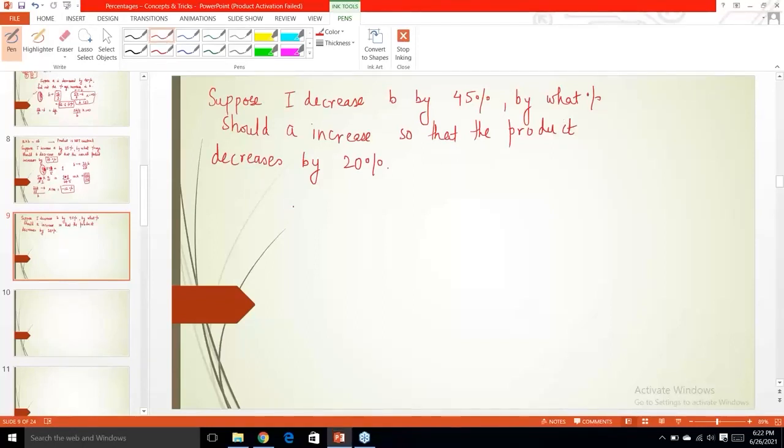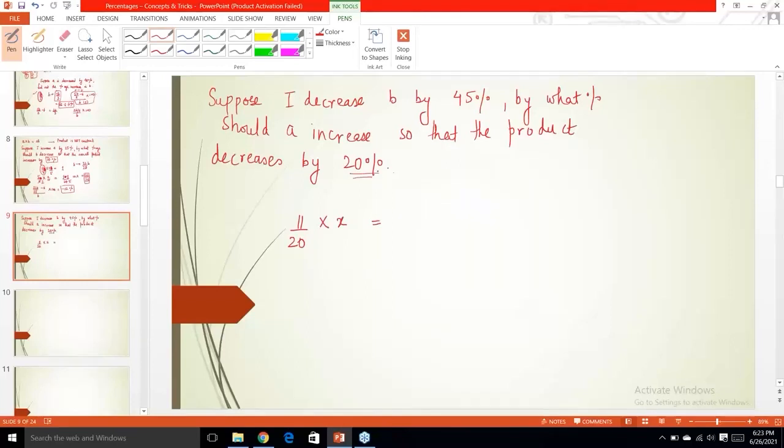So B is decreased by 45%, right? If B is decreased by 45%, what does B become? B becomes 55% of itself. What is 55%? 55% is 11 by 20, right? Now 11 by 20 must be multiplied by something so that the final product decreases by 20%.